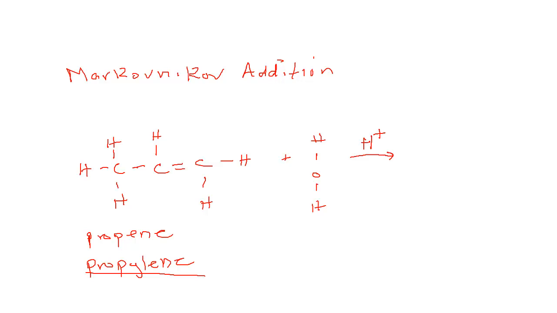Well, this double bond's going to open up. So I'm running out of space, so I'll write one up here. So the double bond opens up and a hydrogen attaches here, and we get an OH group up here.